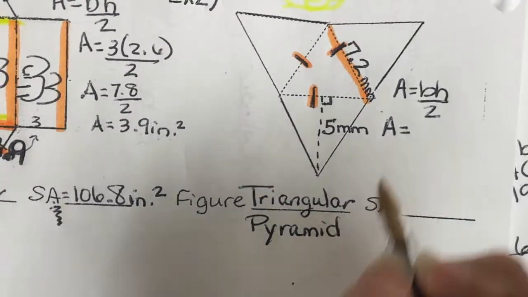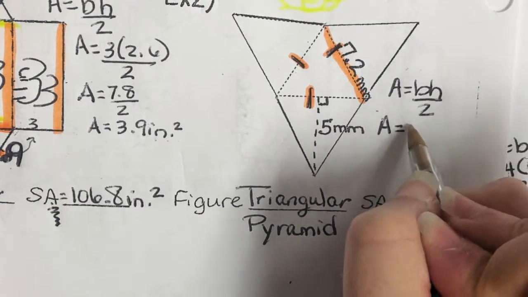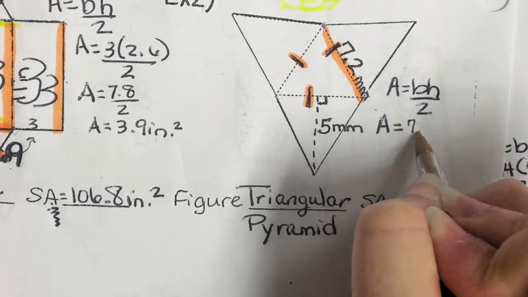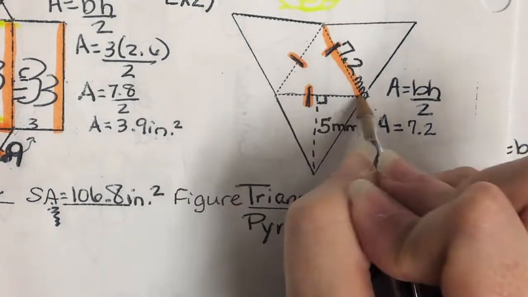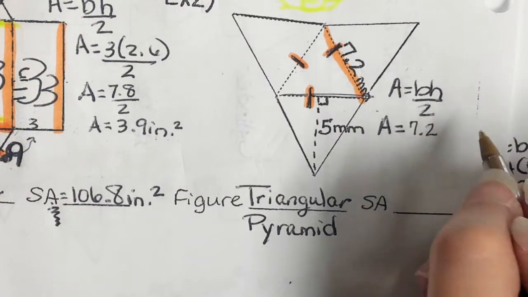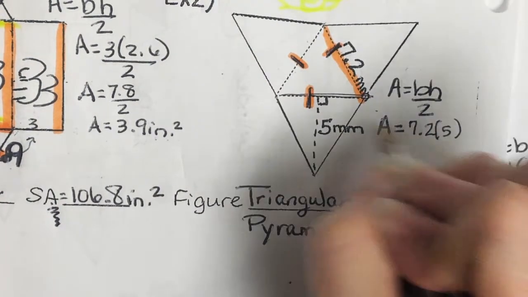Kind of? Okay. So our base is 7.2, because that's our base. That's 7.2 right there. What's our height? 5. There's my height.